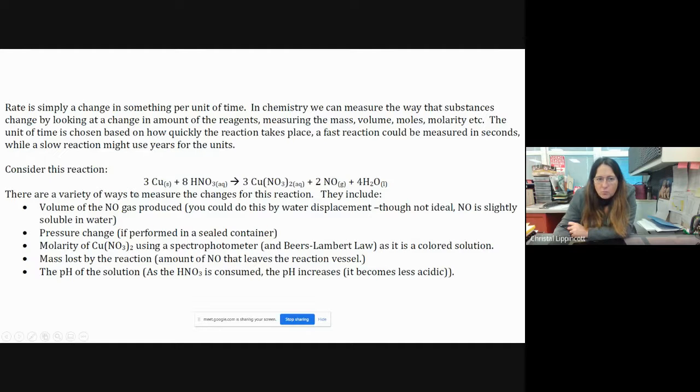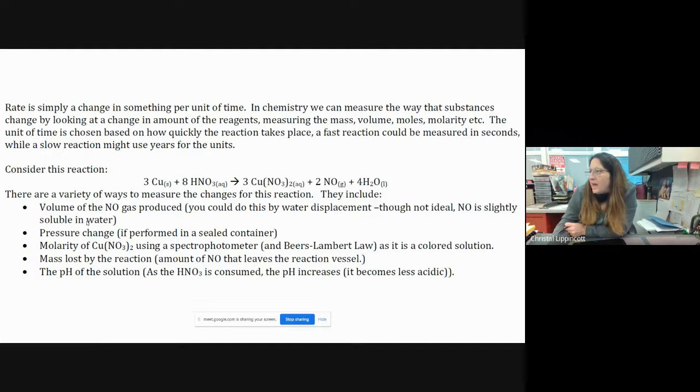There would be a way to measure that where we could measure the volume of this NO gas that was produced. So you could do that through water displacement. You guys have done that before. Remember when we did the Alka-Seltzer tablets, you did water displacement there. Not ideal necessarily because some of that could dissolve in water, just like carbon dioxide.